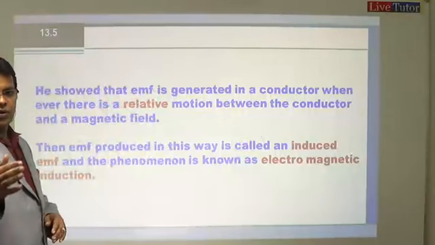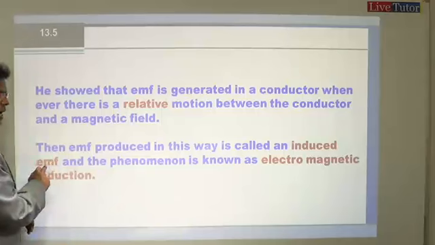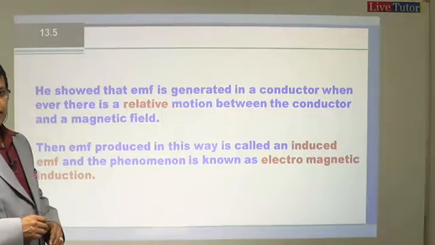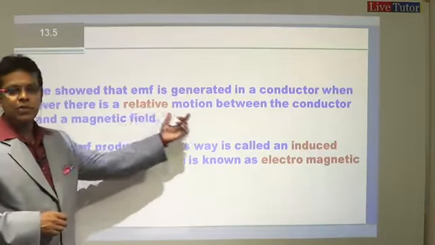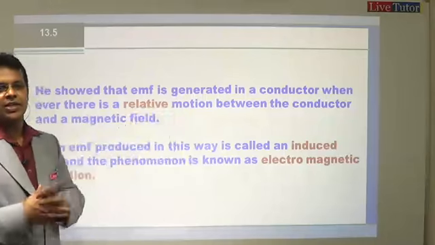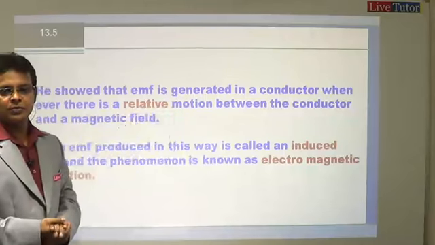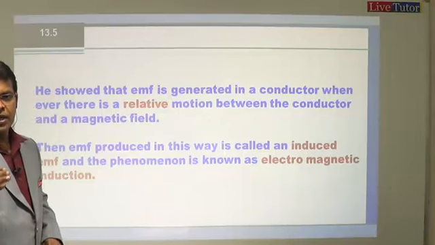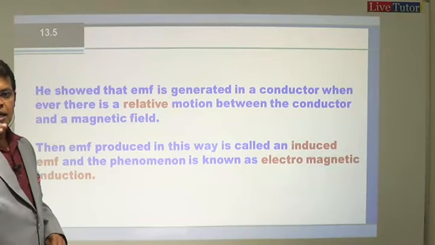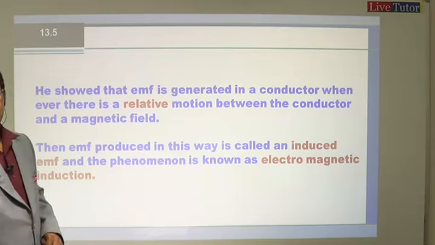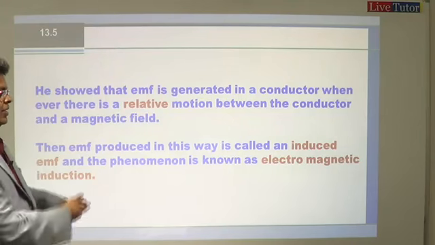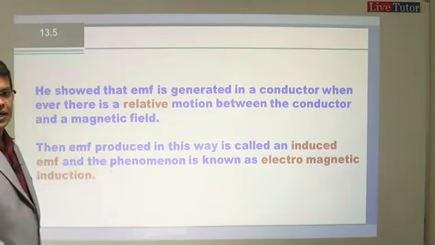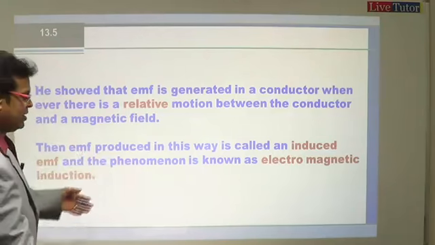The phenomenon of producing an induced EMF whenever there is a relative motion between the conductor and the magnetic field. Very simple words you can put.